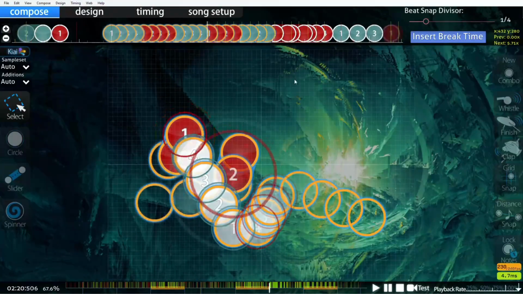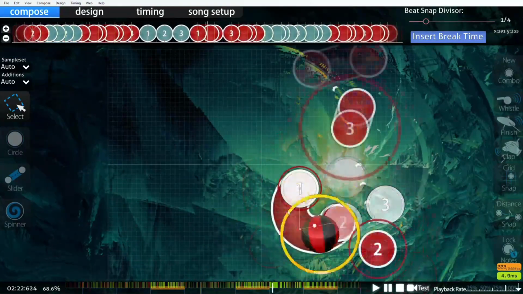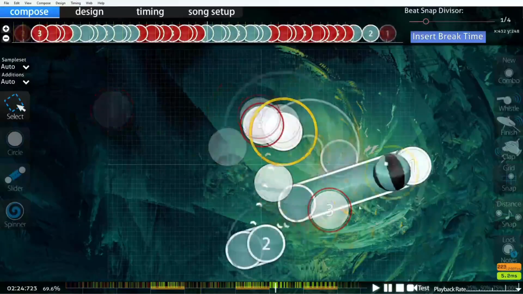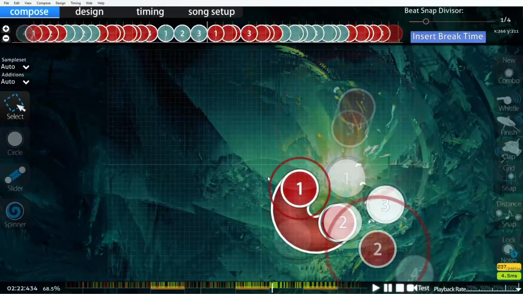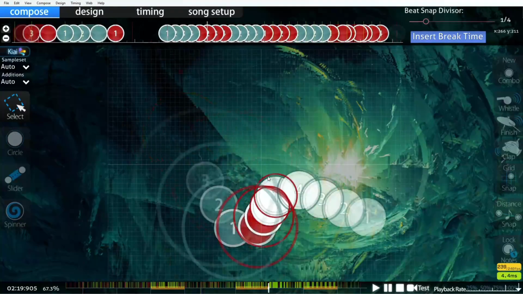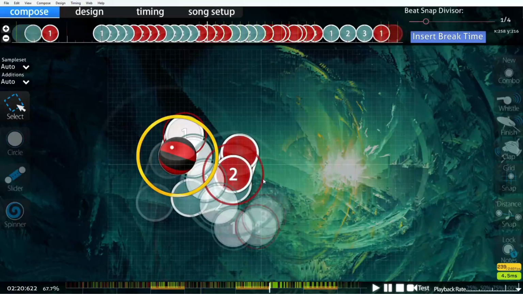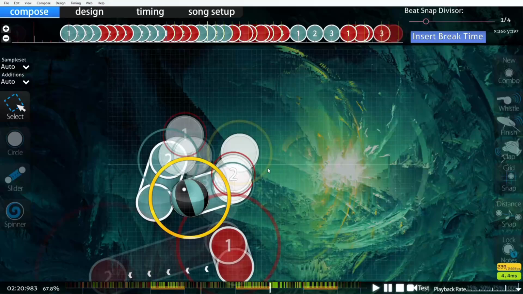And yeah, this is the guitar part. So this is basically a bunch of movement ideas, and it's gonna be quite hard to explain because this is something that really comes with experience.